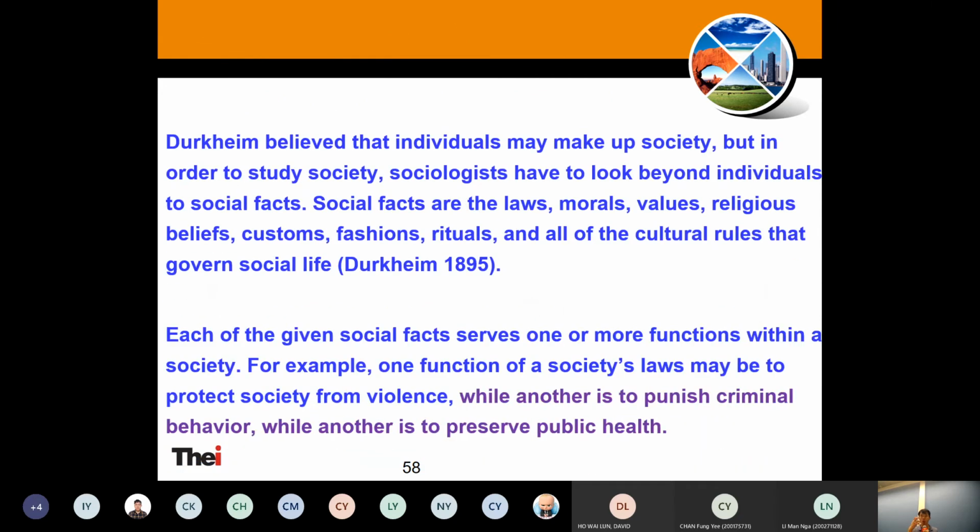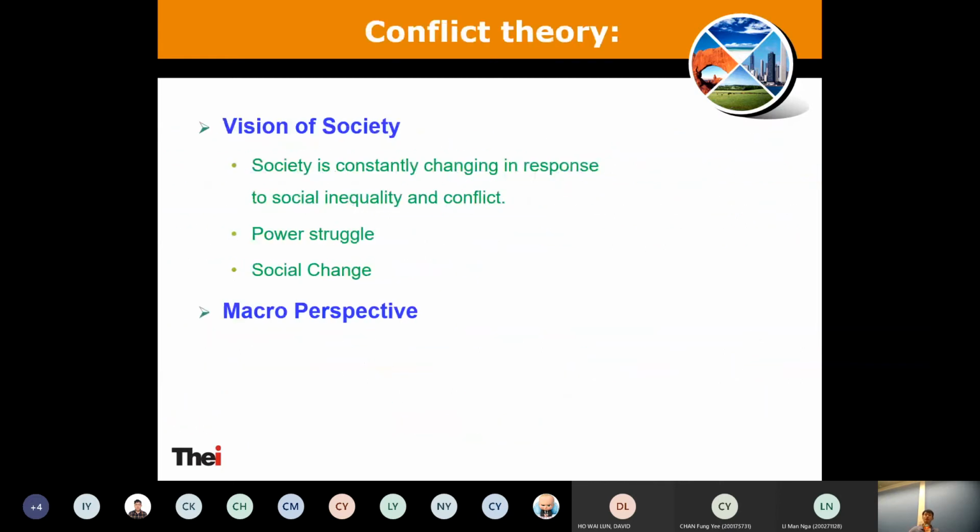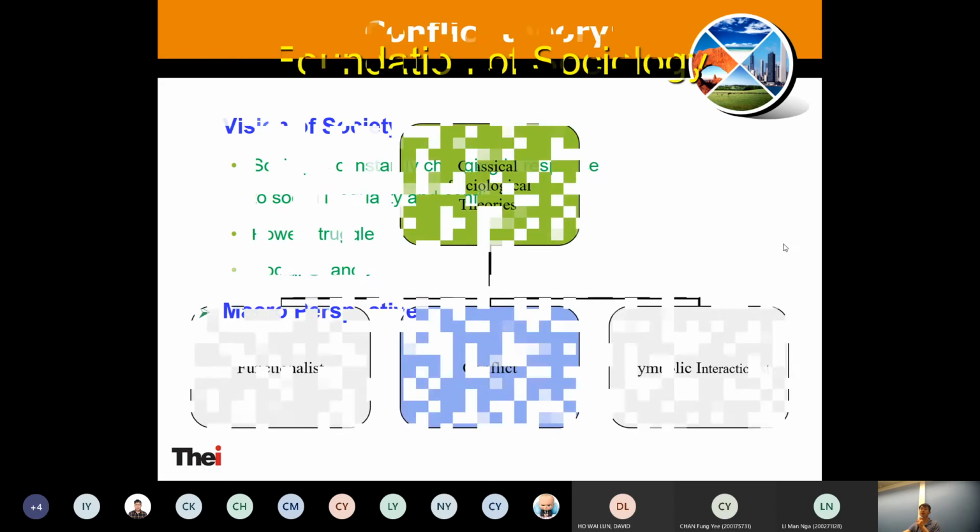So when we talk about the core ideas of functional approach, we try to make connections and interpret the roles of these different agents. So we may have to move on to talk about conflict perspective. And from this perspective, similar to functional approach, we view our society as a whole, but we pay attention to the details of conflict.